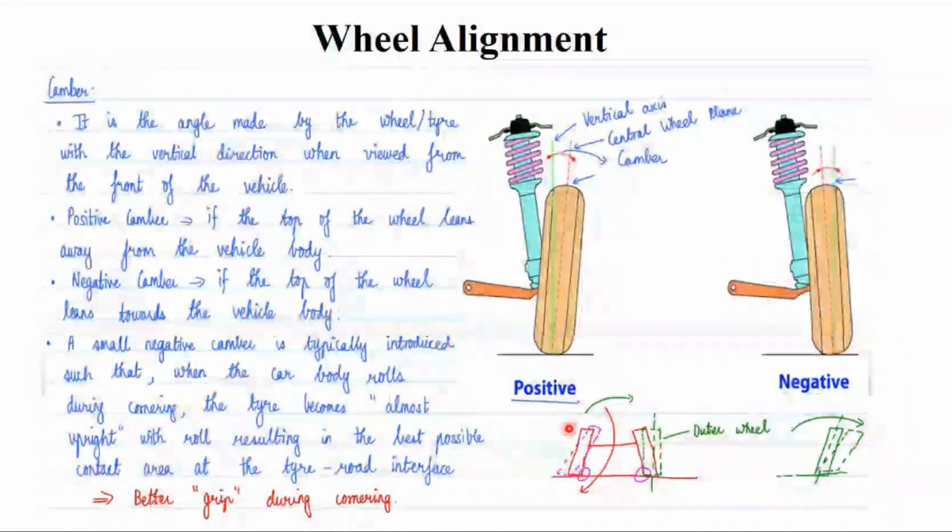So when the car body rolls in this way during cornering, the tire becomes almost upright with the roll, resulting in the best possible contact area between the tire and the road interface. So you need to have the negative camber for a better grip during cornering. Okay, for that purpose, you need to have this.